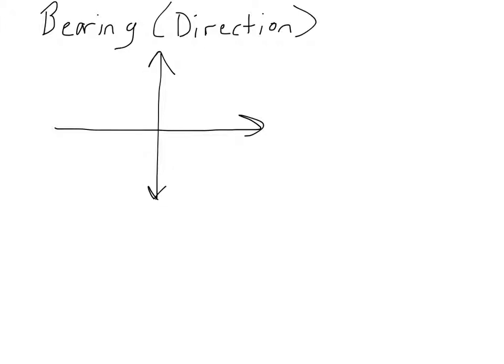And so we know that our four cardinal directions are north, south, east, and west. Right, so let's say that we have an object that's traveling 30 degrees east of north. Well, the way that we're going to write that is north 30 degrees east. Right? And so we always base our bearing off north and south. So the angle that we make with north or south is the angle we're concerned with.